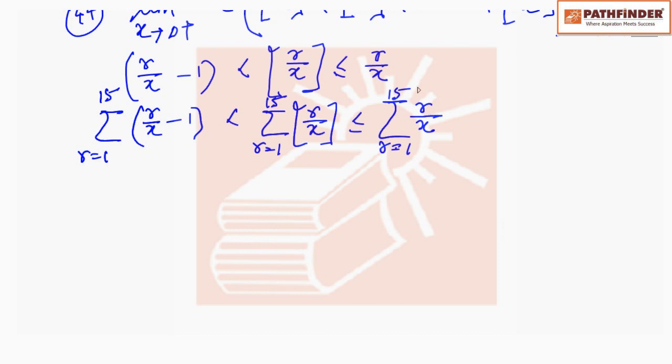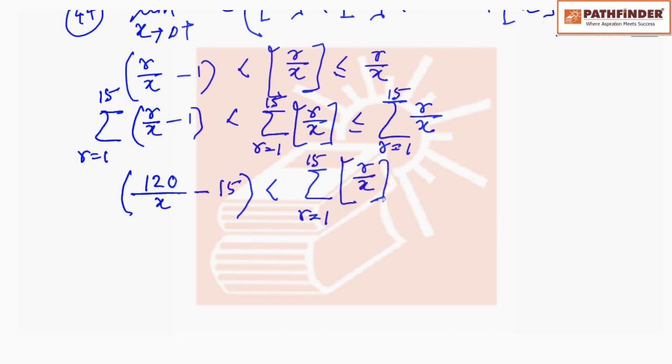So that means we are getting 120 by x minus 15 less than the summation of r equal to 1 to 15 of box of r by x, less than or equal to 120 by x.